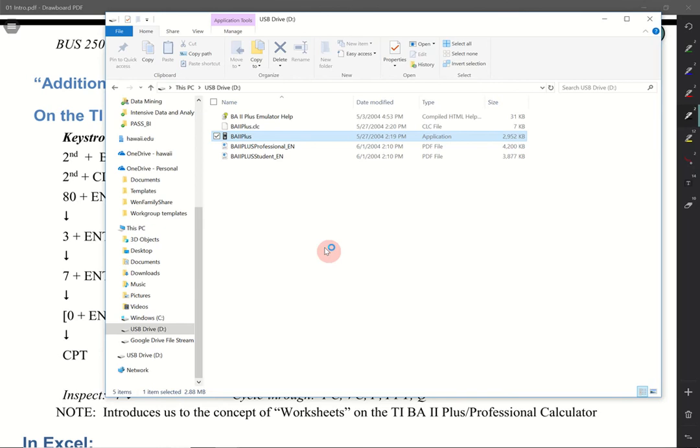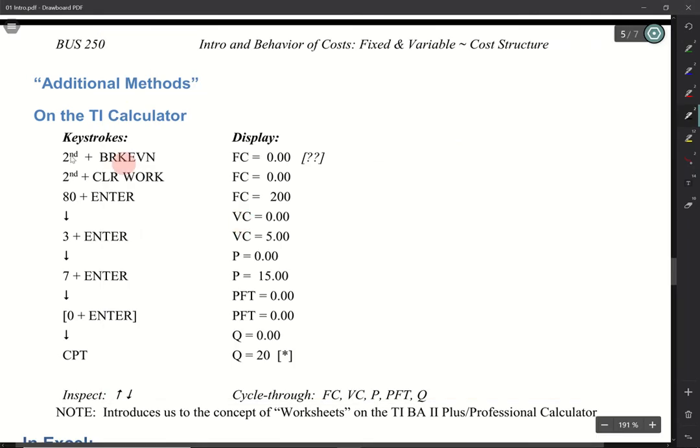While it's loading, I'll show you how to go to the break-even worksheet, and to clear the worksheet. So we should say 200 because that's the fixed cost. We should say 5 because that's the variable cost. And then we should say 15 because that's the price. And then we'll have the calculator compute the break-even point for us.